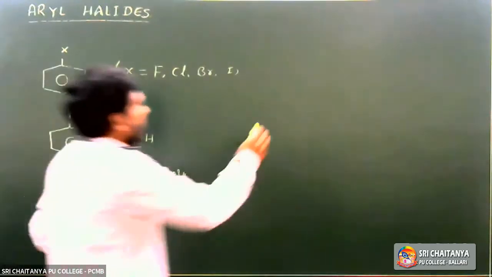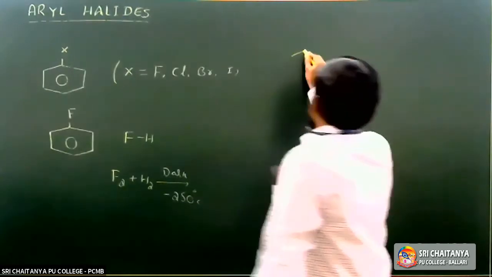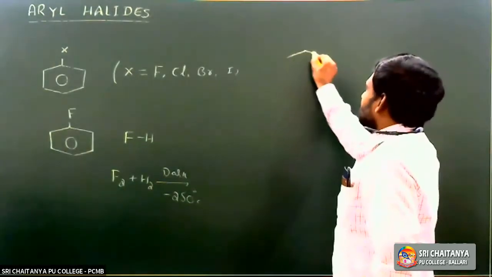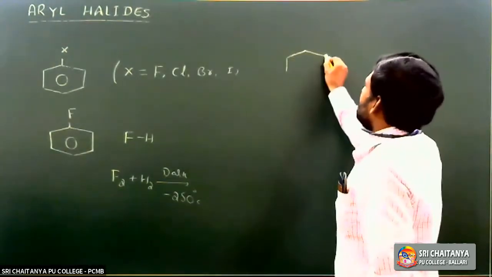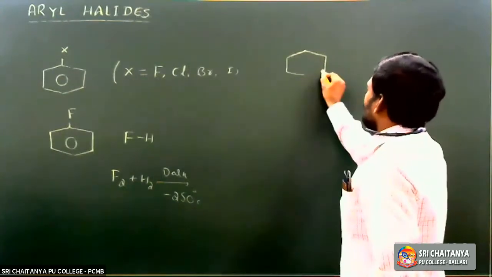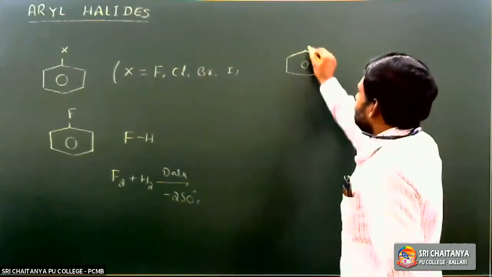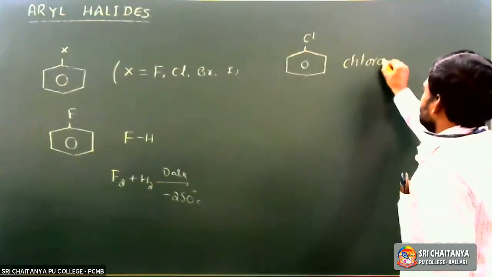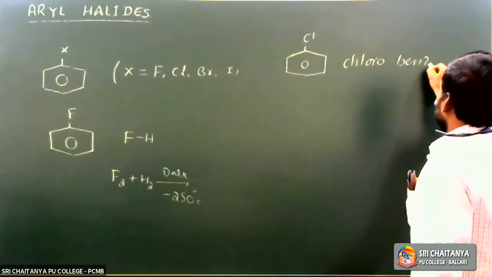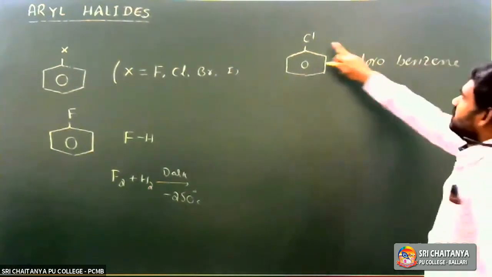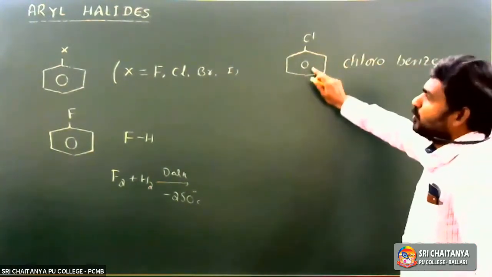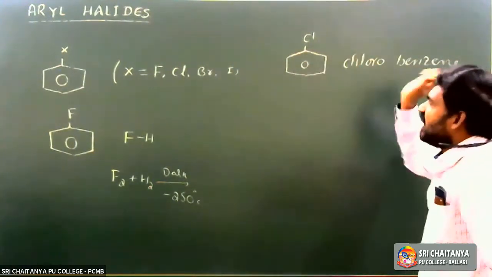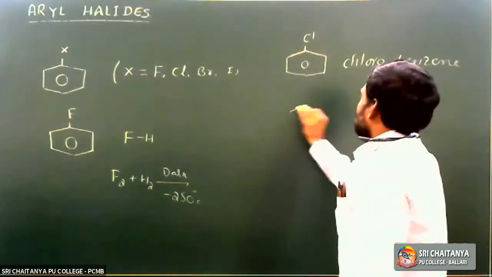If chlorine is attached with a benzene ring, it is called chlorobenzene. If bromine is attached with a benzene ring, it is called bromobenzene. The next one is iodobenzene.